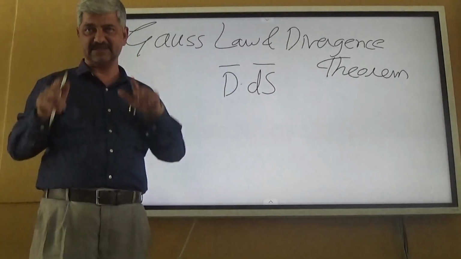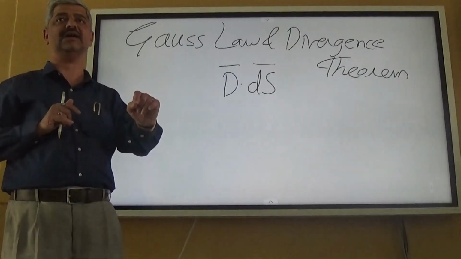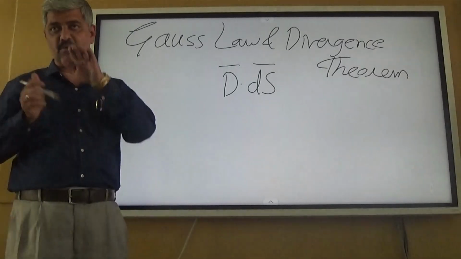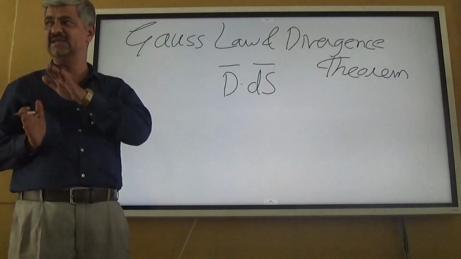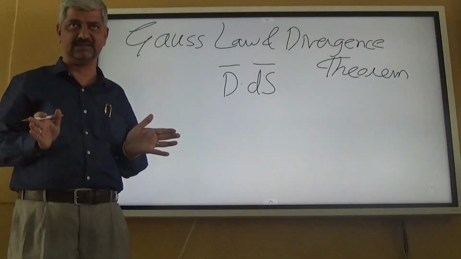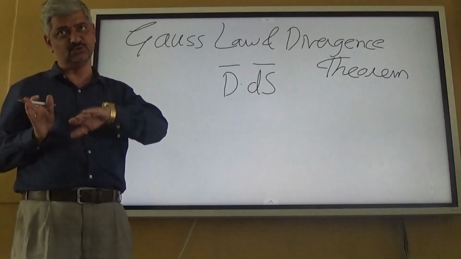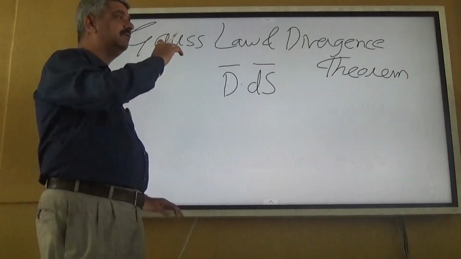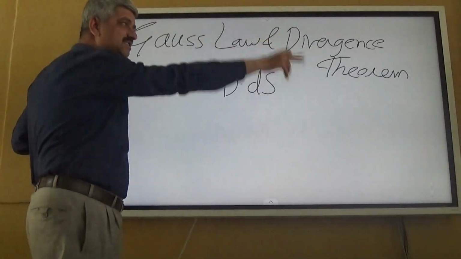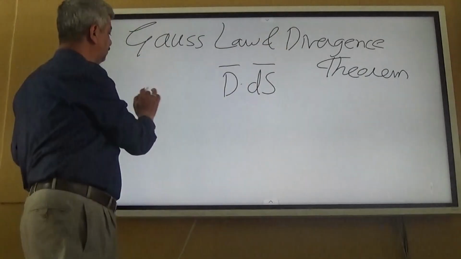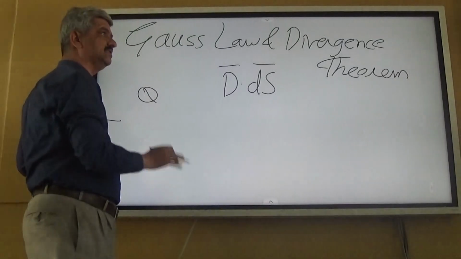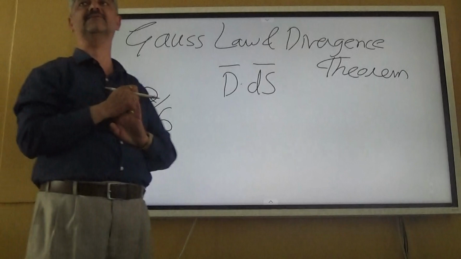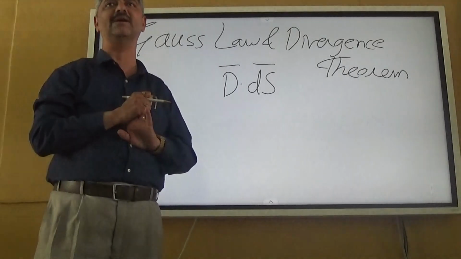Since all 6 faces are symmetric to the charge, the net outgoing flux from each surface must be equal to 1/6 of the total outgoing flux. And as Gauss law states, that is equal to charge. So from one side of the cube, the total electric flux passing through must be q by 6.